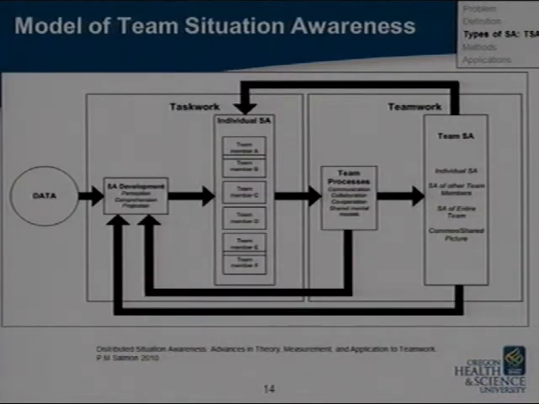This is Salmon's integration of the situational awareness across the different researchers. In this, he identifies team processes as leading to a more global level of awareness amongst all the team members.